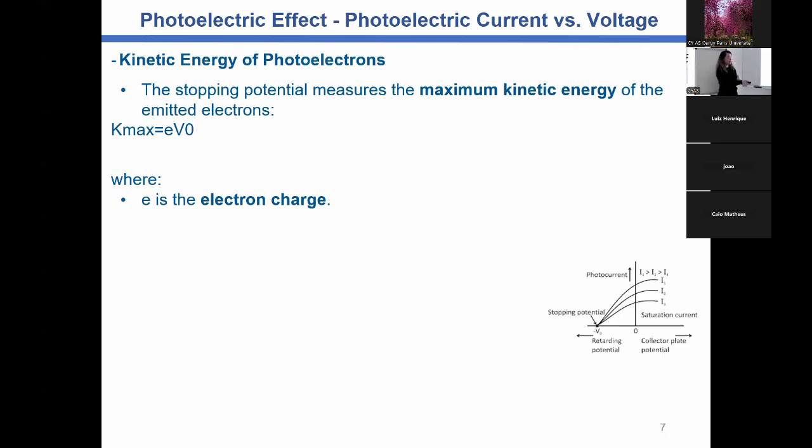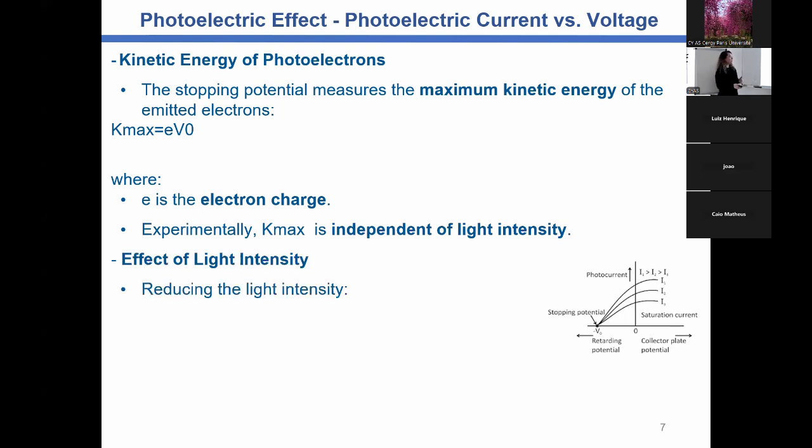So we could correlate the kinetic energy with this retarding potential, because when we have the same amount of energy to block the movements of particles, we could stop the current that is observed in this graph. So here we can correlate the kinetic energy of the electron with this potential that is applied in the experiment.